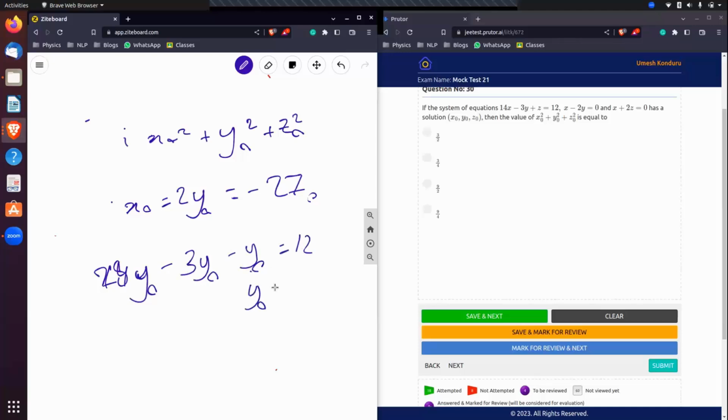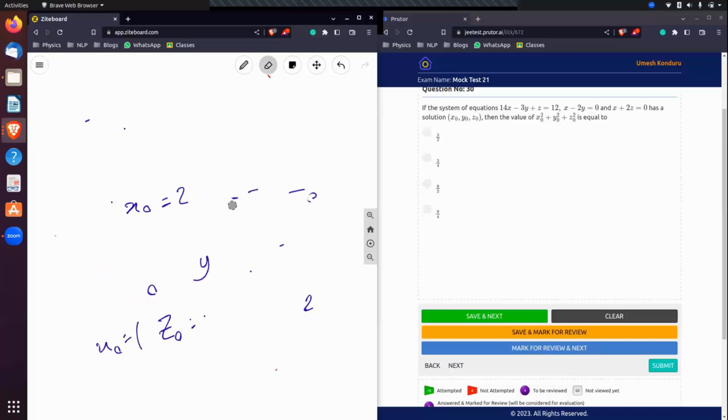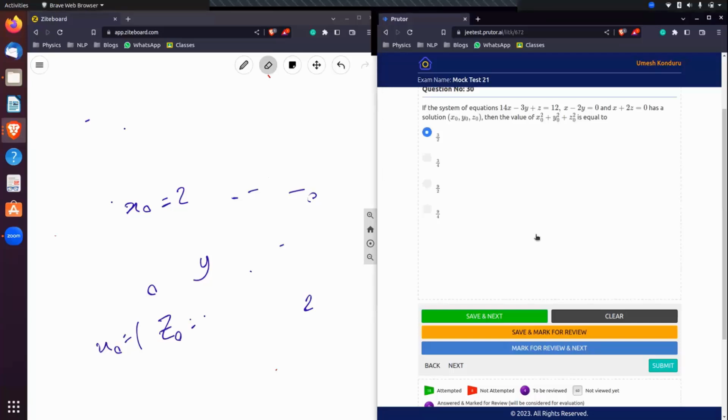So y naught equals half and z naught equals minus half, x naught equals 1. And so if you just add up their squares, you'll be getting 3 by 2. That's the answer.